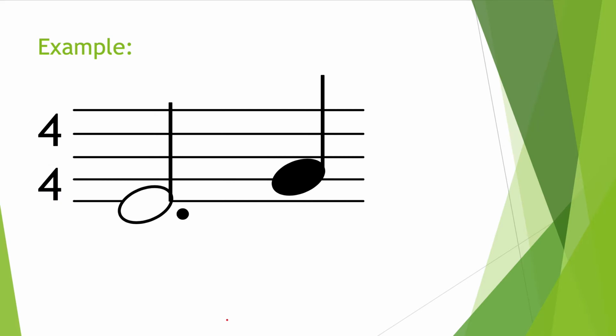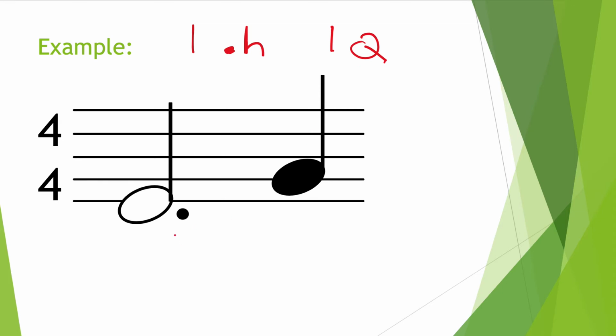Now let's look at a brief example. So right here, I'm just going to write at the top what we have. We have 1 dotted half note. This is just something I'm doing to show you all. You don't have to do this all the time, but it helps when you're first starting out. And we have 1 quarter note.